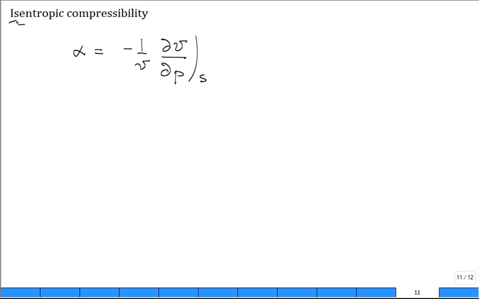How about for an ideal gas? We know for an ideal gas, PV is equal to RT at all times. True? Okay. But I would like to take this derivative. How am I going to take that derivative?